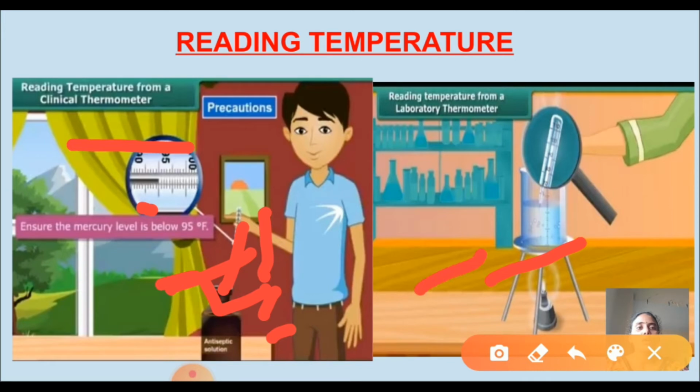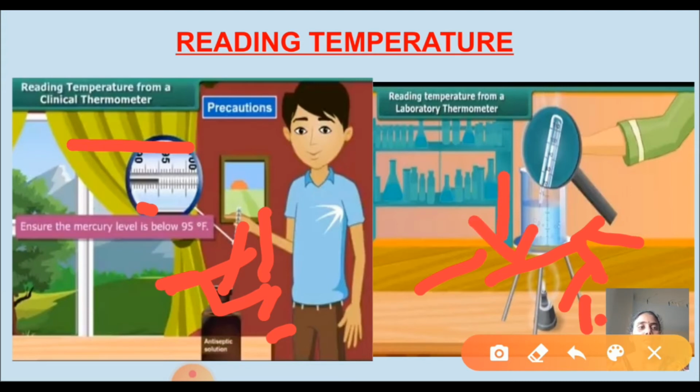What about the laboratory thermometer? For reading temperature from a laboratory thermometer, we have to heat water by applying some heat, so the water will be heated. Now we have to measure the temperature, so we dip the laboratory thermometer in that water.